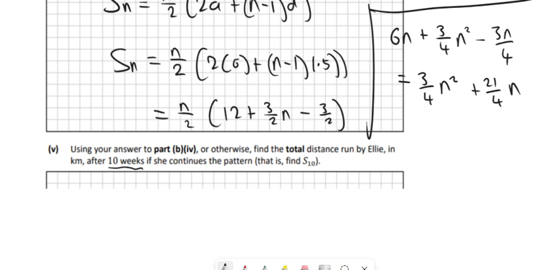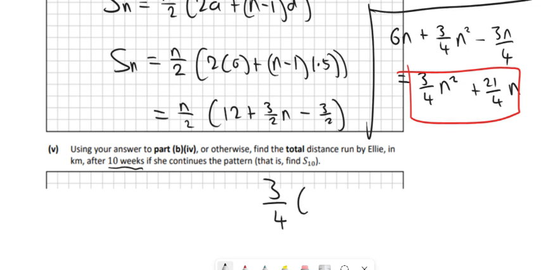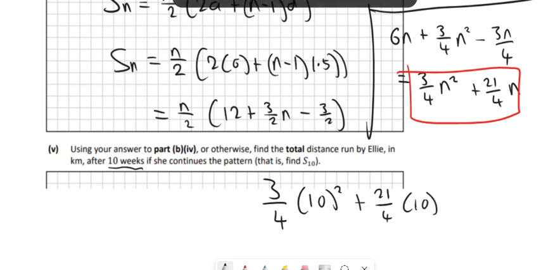Then using our part, find the total distance run by Ellie in kilometers after 10 weeks. Therefore we're just going to put in a 10 into what we got there. So into this, that'll be 3 over 4 times 10 squared plus 21 over 4 times by 10. That'll give us 75 there.